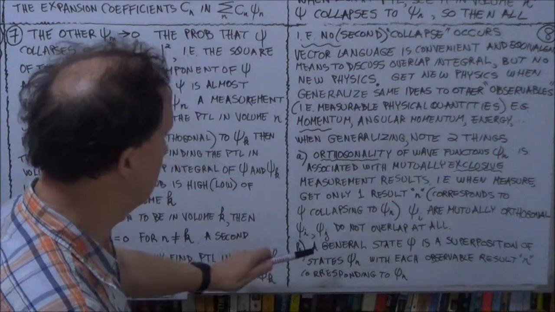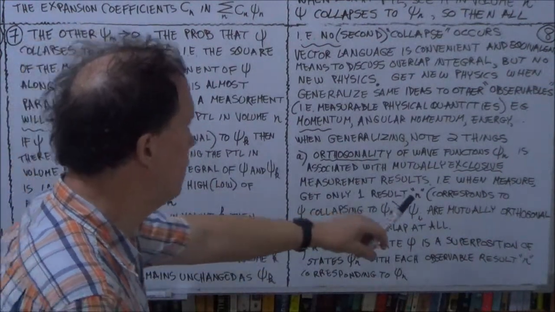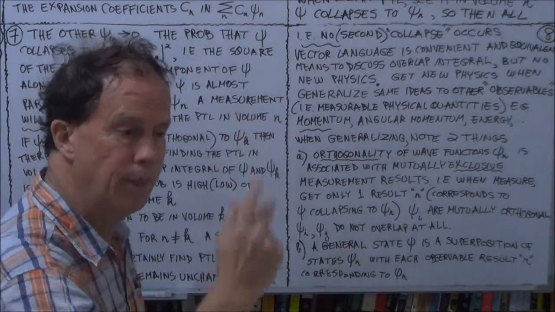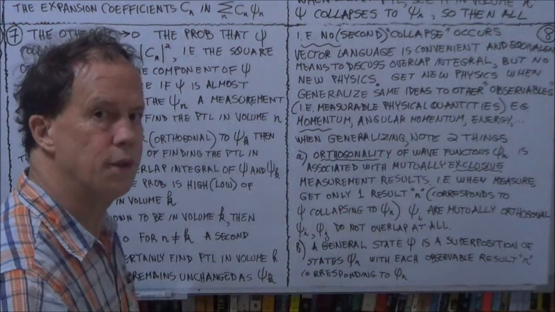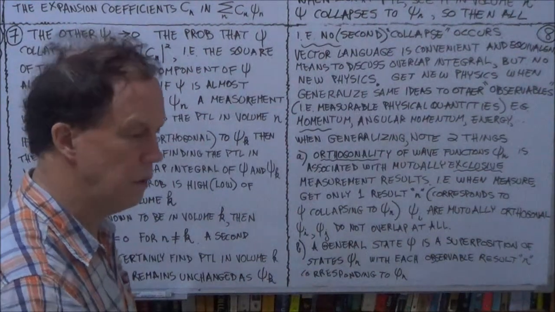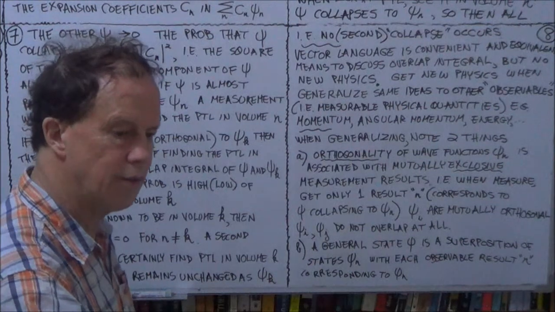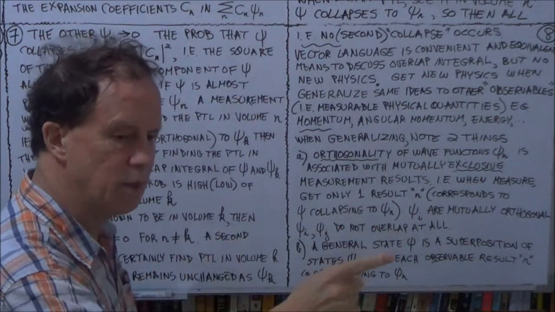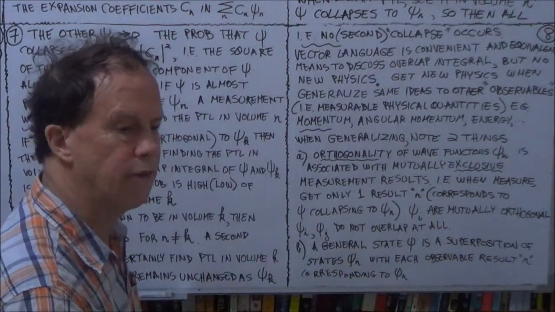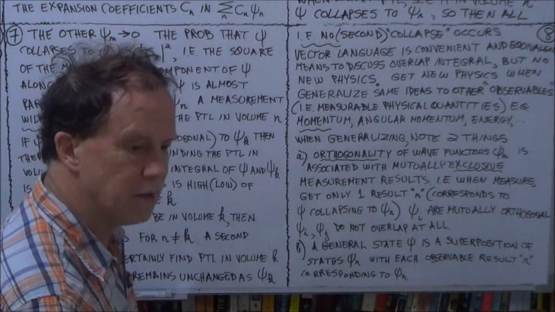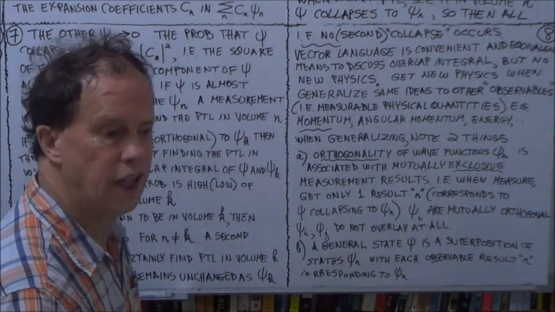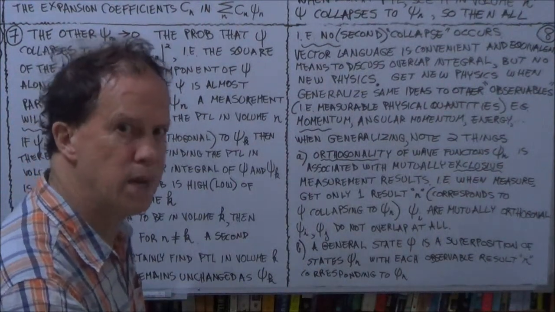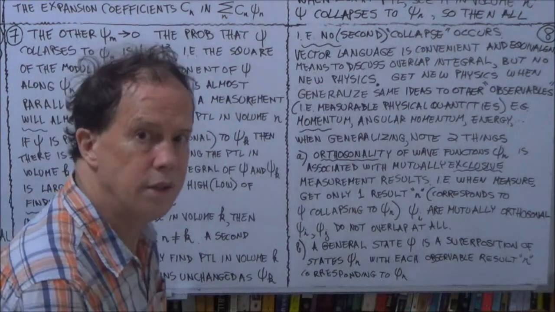And both these two things. The measurement results, say psi m and psi n, two of them, if you take the bracket of those two, you get 0. The overlap integral of those two psi functions: if you get measurement m, your wave function collapses to psi m. If you get measurement value n, the psi function collapses to psi n. And the overlap integral of those two psi functions, psi m and psi n, is 0.